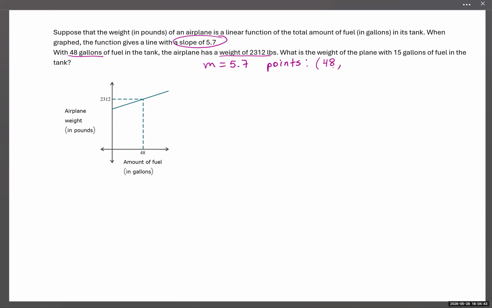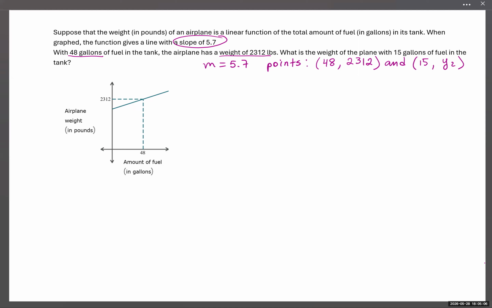And the weight of the airplane is the vertical axis, so it's going to go into the y coordinate, 2312. That's the first point. And the second point, 15 gallons of fuel, so 15 goes in for x, and then y2 again goes in for the unknown weight of the airplane.